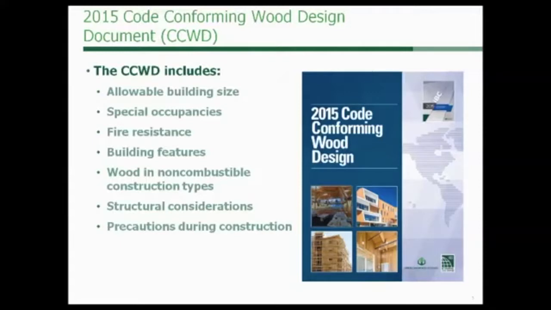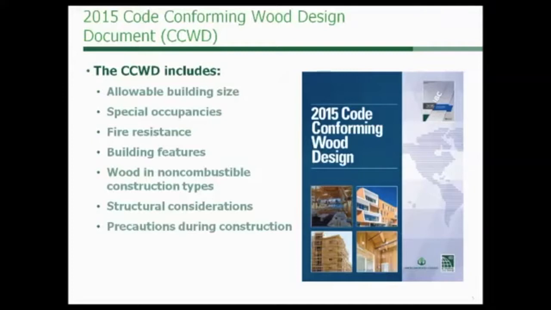Major topics are allowable building size, special occupancies. We will spend quite a bit of time on fire resistance. It's an important issue when it comes to wood construction. Building features is a catch-all in this document. Wood and non-combustible construction types, we'll summarize that.